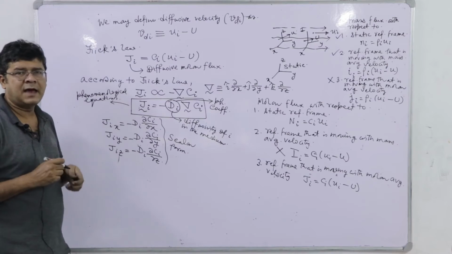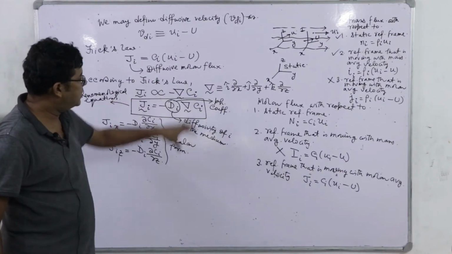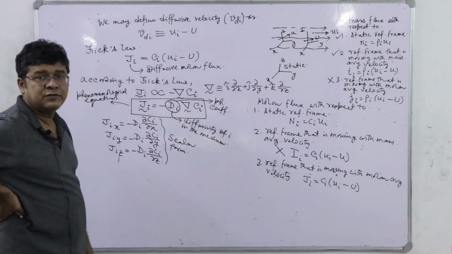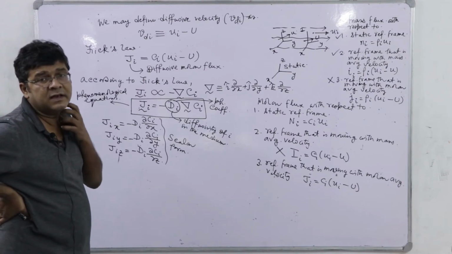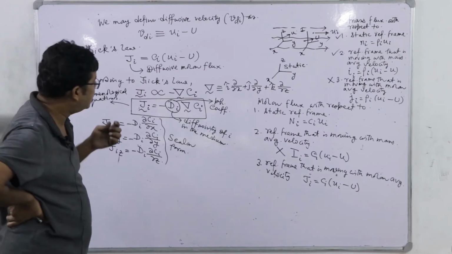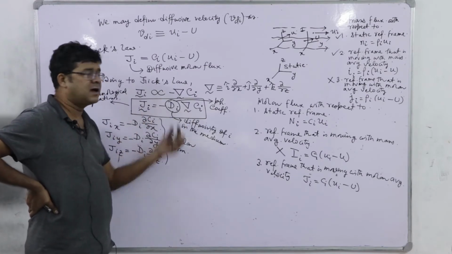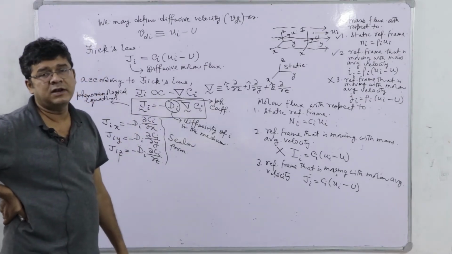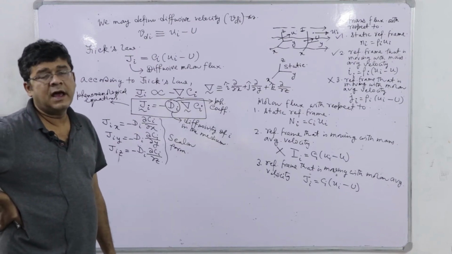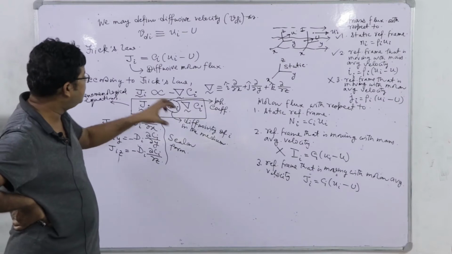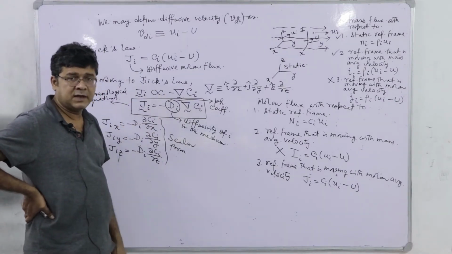Phenomenology means you are trying to relate cause and effect. The heterogeneity in the concentration field is the cause, and the flux, the diffusion, is the effect. They are related through a kind of proportionality, and the constant of this proportionality we refer to as the phenomenological coefficient in general, and in particular that is the diffusivity for this specific case.